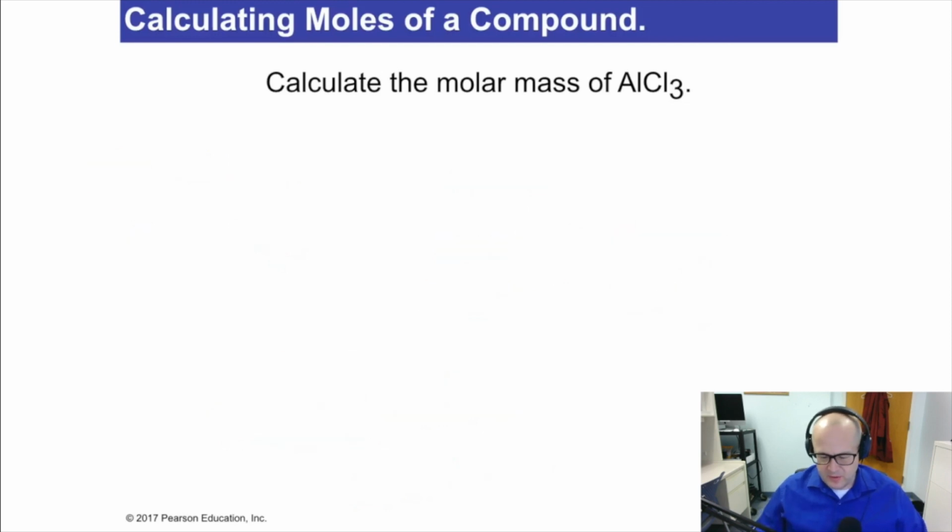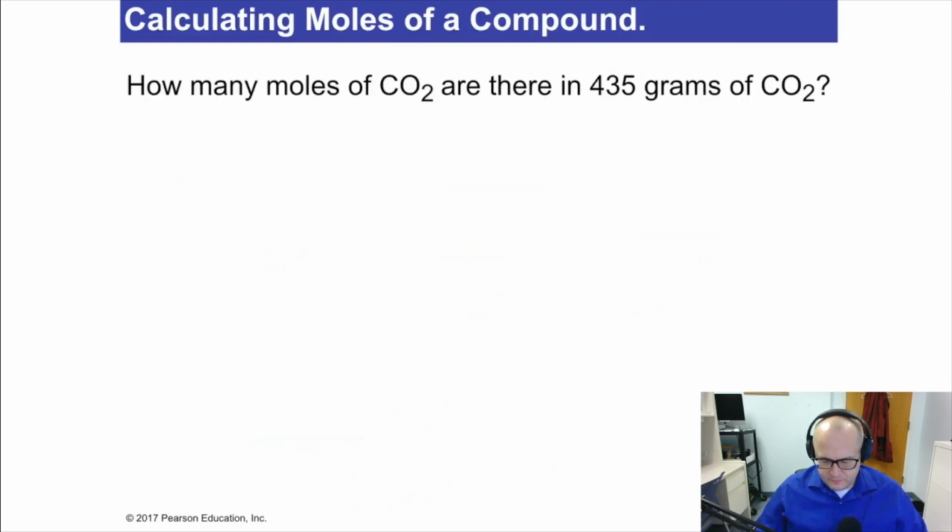So let's try another one. We're going to go right into a calculation. So now we're going to have to calculate the molar mass, and we're going to have to calculate how many moles there are. So this is a two-part question. It's a little tougher. So let's go through this together, shall we? First of all, how many moles of CO2 are there in 435 grams of CO2?